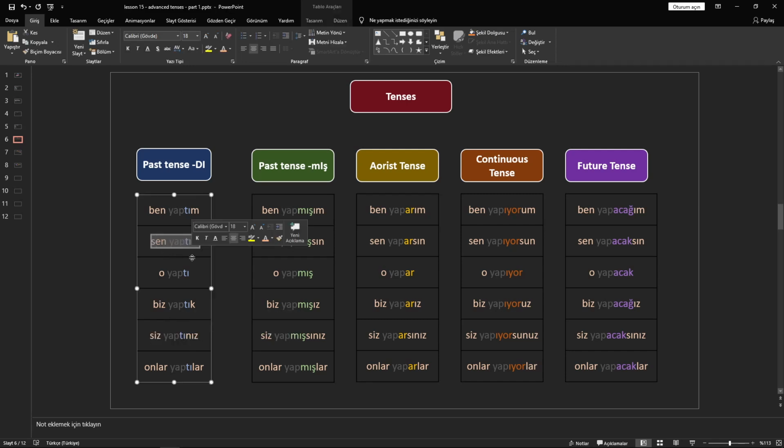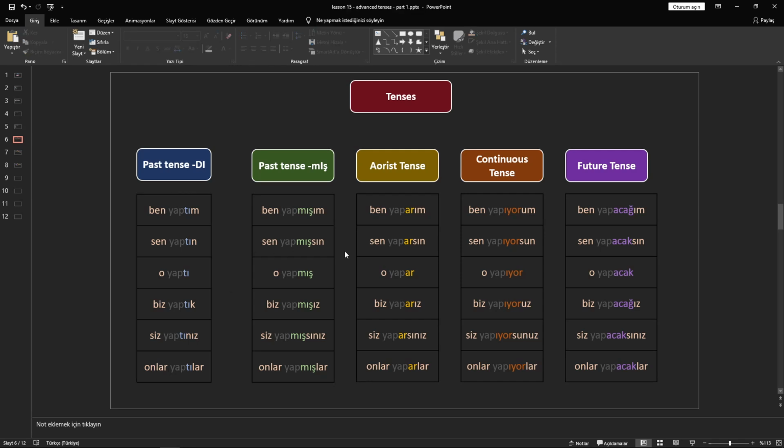The difference between sen and siz: if you know German, it's like saying du and Sie. Or if you know French, as far as I remember, it's like tu and vous. Like informal you, formal you. And then onlar, they.